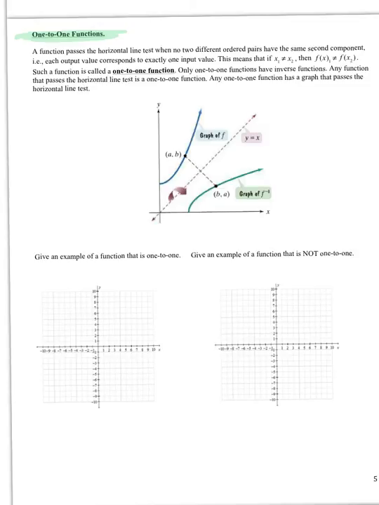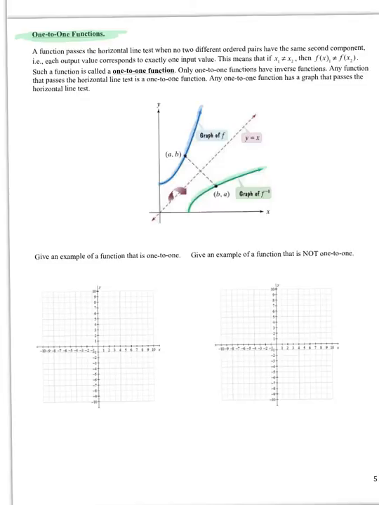In other words, each output value, each y value, corresponds to exactly one input value. So, what does it mean to be one-to-one? Well, that means we have a function whose inverse, its reflection across y equal x, is also a function.